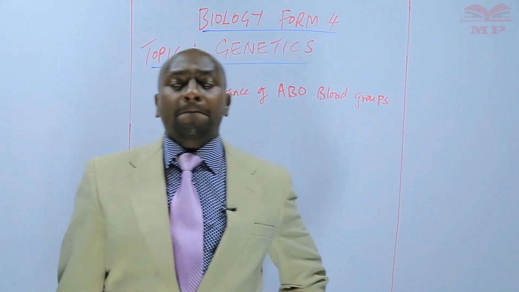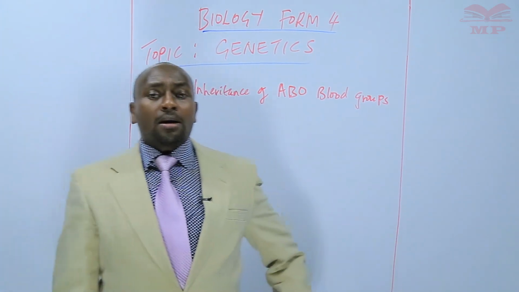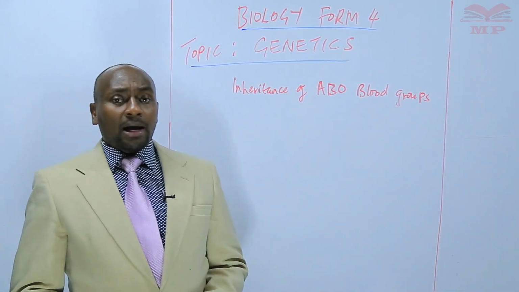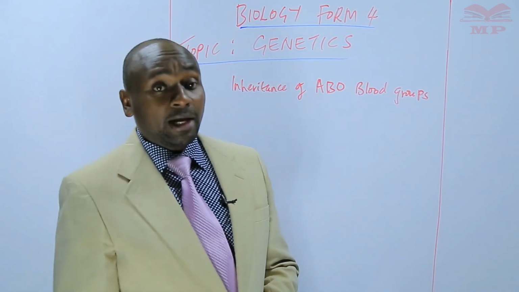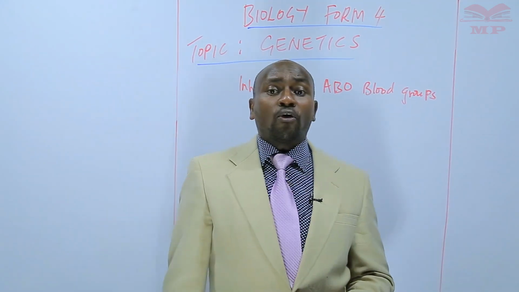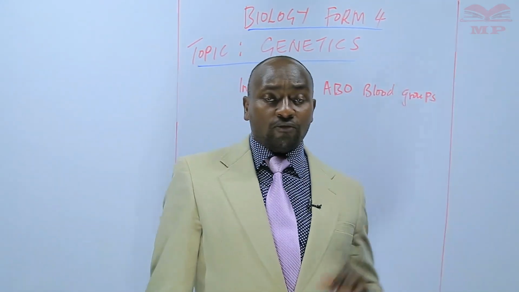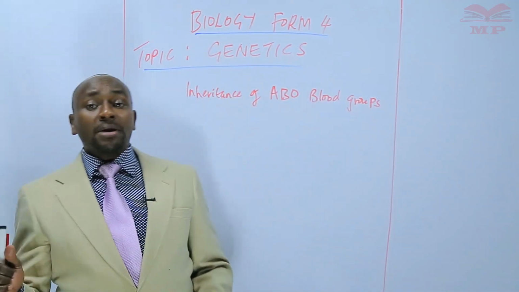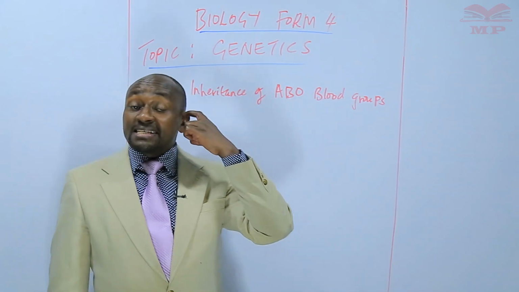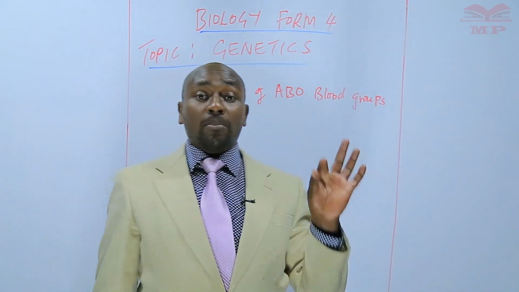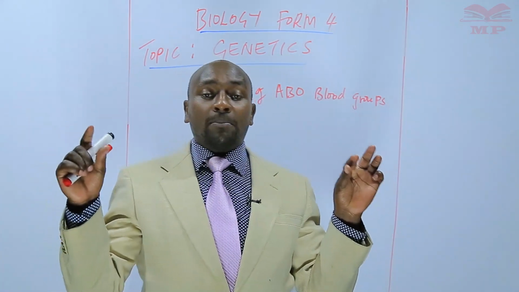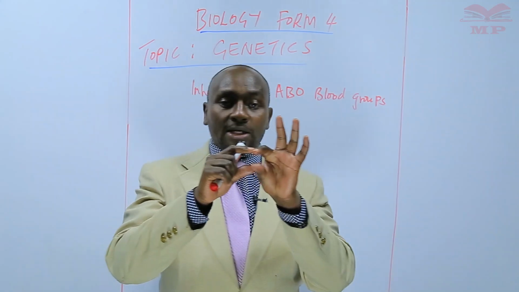We have blood group A, blood group B, blood group AB, and blood group O. Now, blood group A and B are as a result of the presence of gene A for blood group A and gene B for blood group B. Where there is the gene for blood group A together with the gene for blood group B, we get a blood group AB.